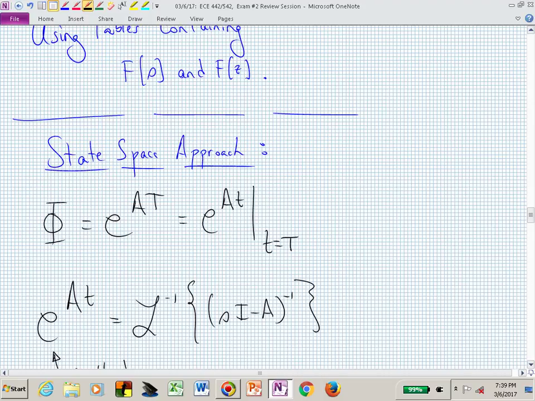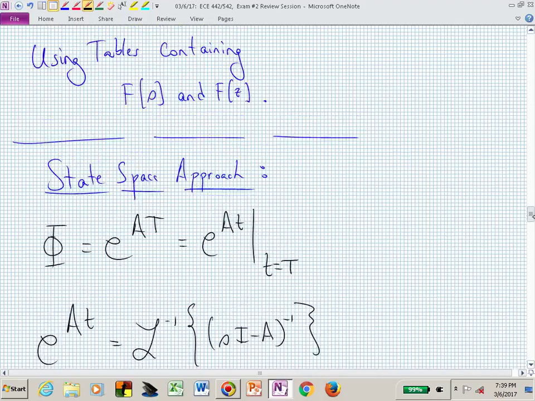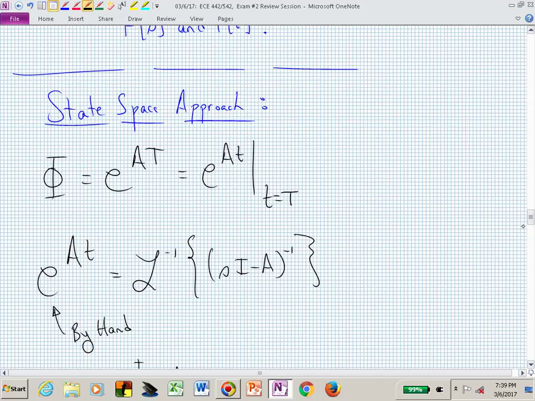And you can't just raise every element of the matrix AT, or you can't just exponentiate the matrix AT. If you're doing it by hand, you probably are wanting to do this processing in the frequency domain. Find the inverse of this symbolic matrix, sI minus A, and then each of the terms in that matrix you would inverse Laplace transform.